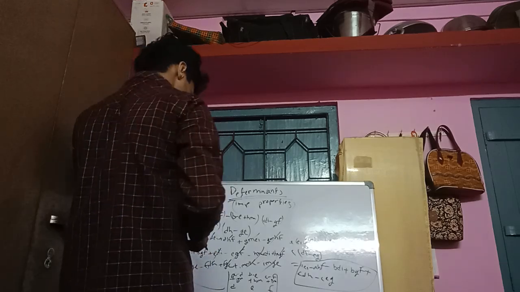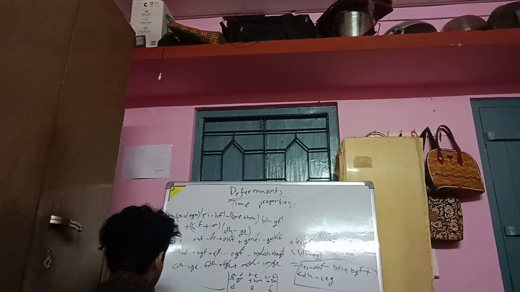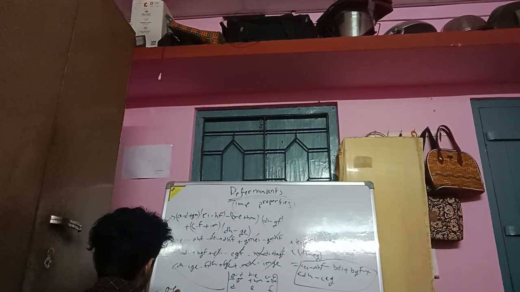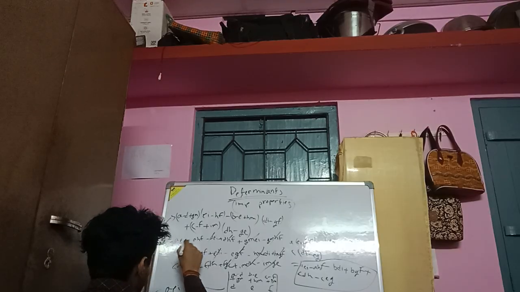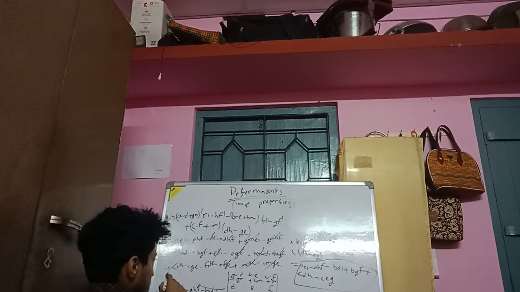And I think now we are good to go. What we're left with is AEI minus AHF minus BDI plus BGF, and this one is plus, I think.